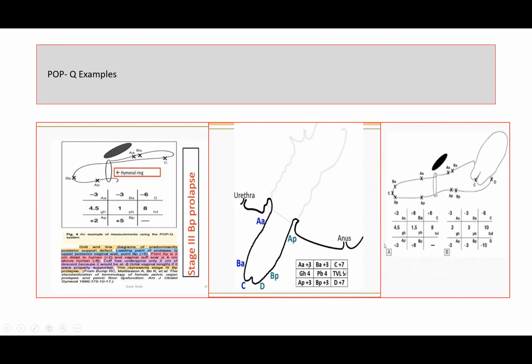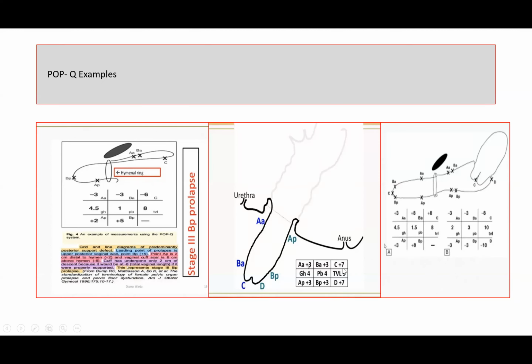Coming to C, this is plus 7. So this is stage 4 prolapse. How? Because we know in stage 4, it is more than or equal to total vaginal length minus 2. So it will be 9 minus 2, 7 or more.